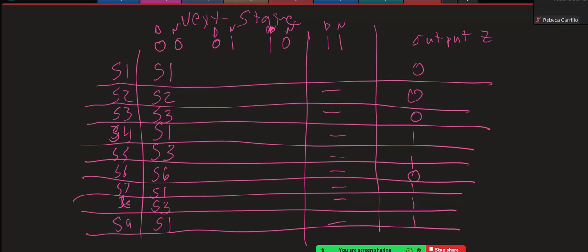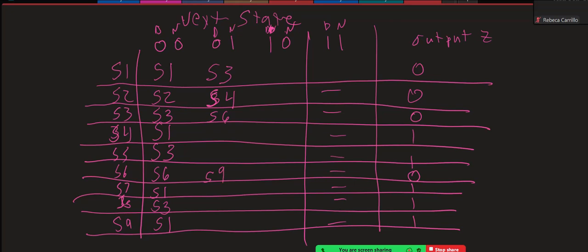And then for 0, 1, so this is if you put a nickel in, the only ones that we had this for, this would be S3, this would be S4, this would be S6, S6 would be S9.